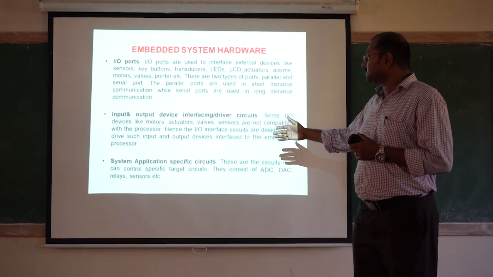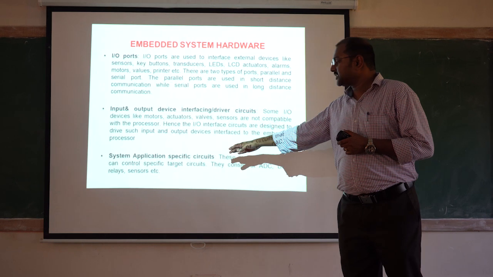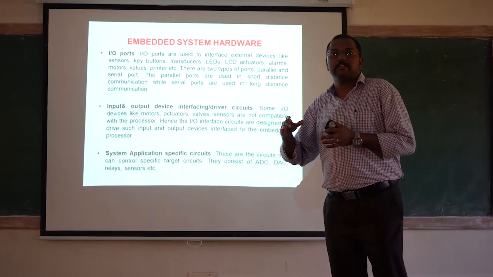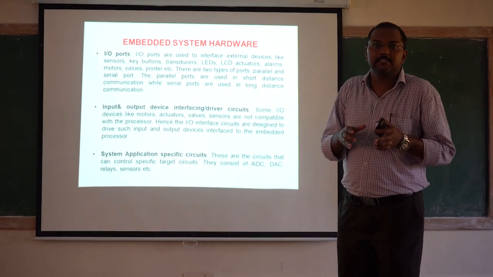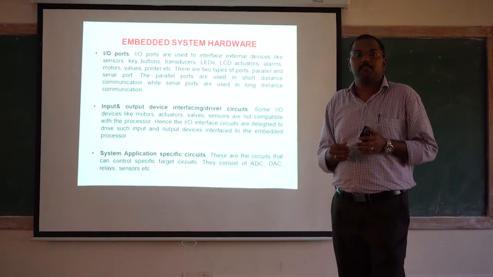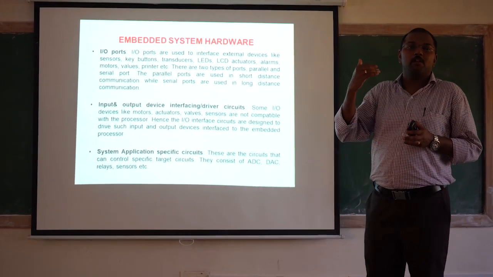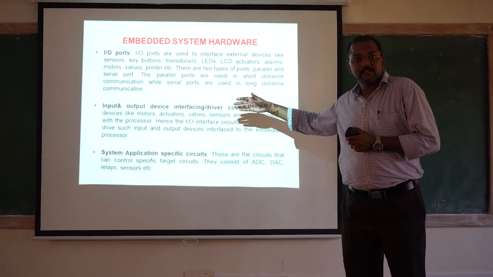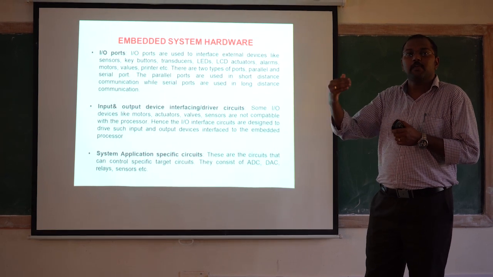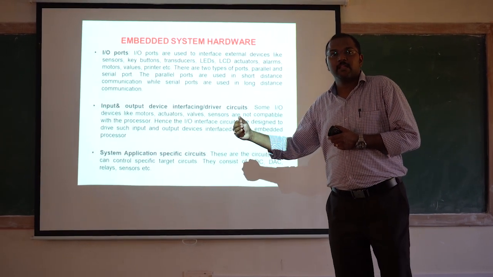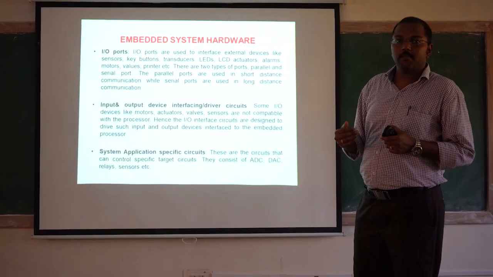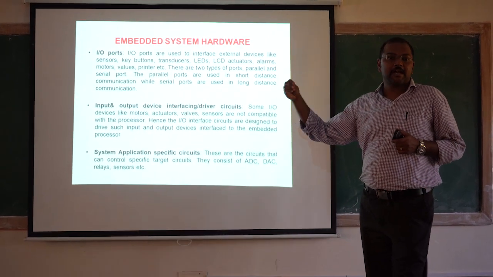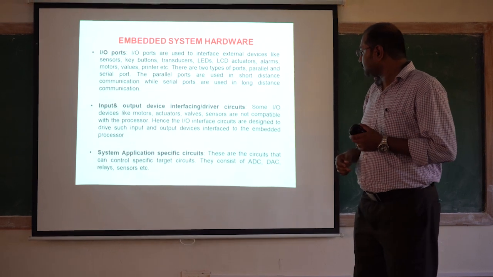The last one is application specific system circuits. Commonly, only in some types of applications will this ASIC type of circuit be there, not in all types of embedded systems. That is why it is named application specific circuits. These are circuits that can control a specific target circuit.